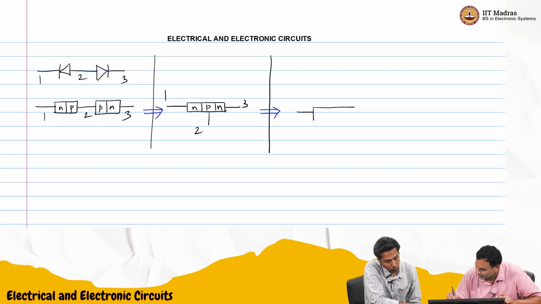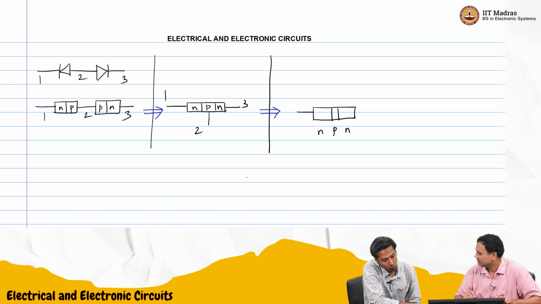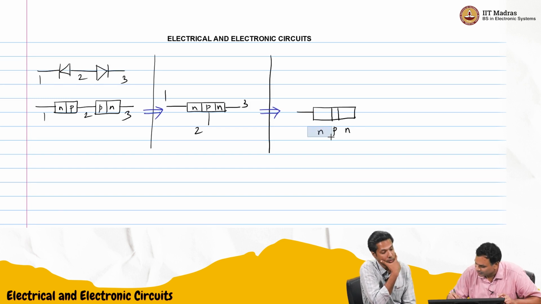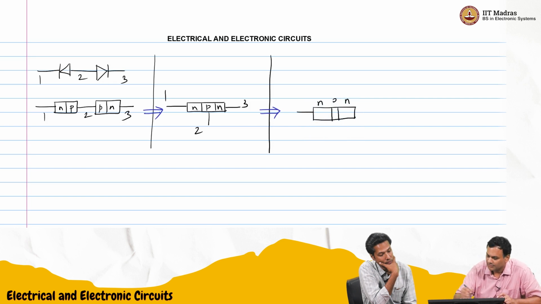I will exaggerate it like this. Now I don't have space anymore, so I'll draw it down here. So this is P and this is N and this is N. I'll move it up so that I can still have this connection.